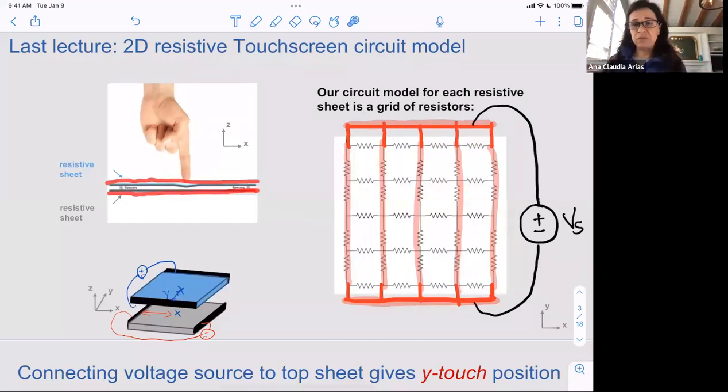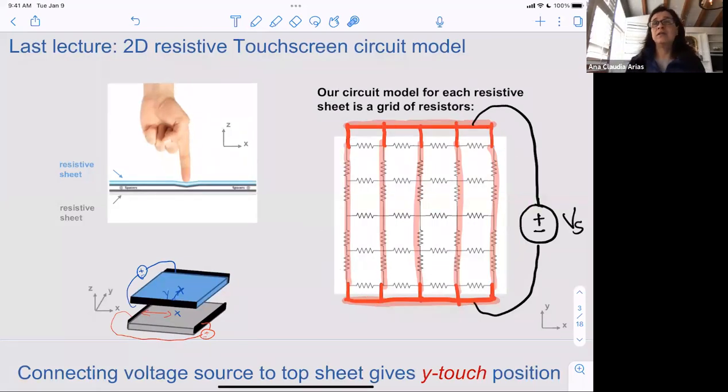They were resistive materials. We modeled this touchscreen, which you will start building your own of in the lab next week, which is pretty cool. We modeled it first with wires, and then we came to our final model last class, where we had an array of resistors as shown here.